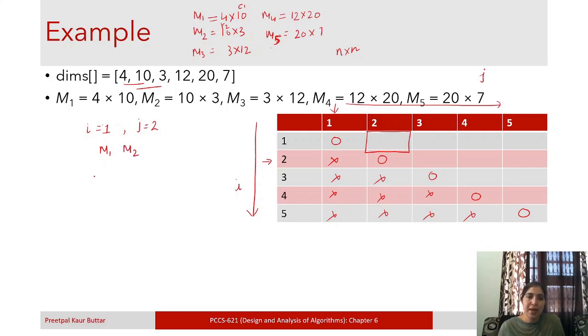As we saw in the previous slide, it is Mi till Mj. So i is the starting matrix and j is the ending matrix. Now we have two matrices, M1 and M2.